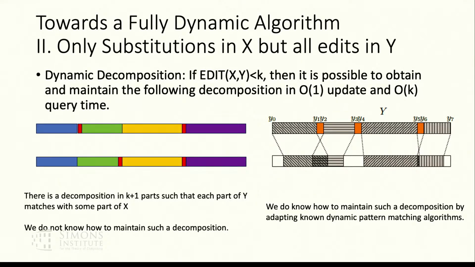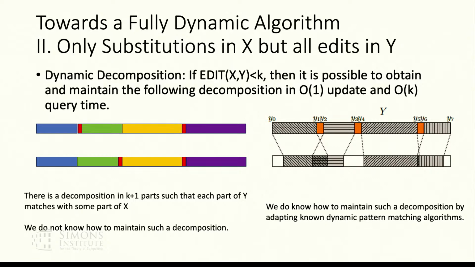There exists a decomposition of X and Y such that there are k edit positions and k plus 1 segments which exactly match. If I can maintain this decomposition, I'm done. I don't have to do anything else. We do not know how to maintain this decomposition dynamically, but we do know how to maintain a related one. So what is this decomposition?